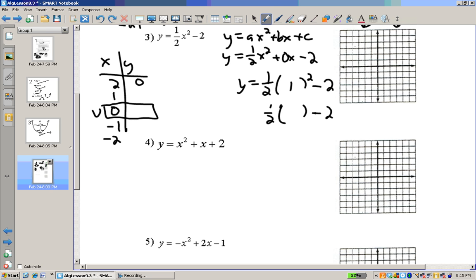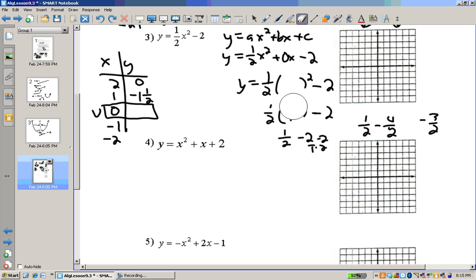Okay, and we're going to plug in 1. 1 squared is 1. Half of 1 is a half minus 2. Different ways you could do that. You could put this over 1, find a common denominator. That'll be 1/2 minus 4 halves, which would be negative 3 halves, or negative 1 and 1/2.